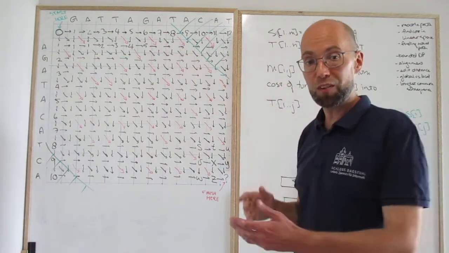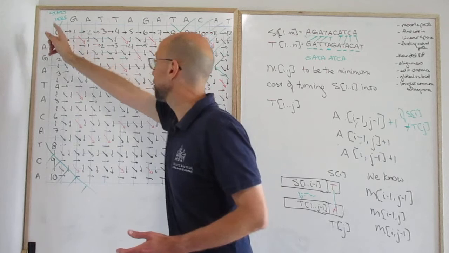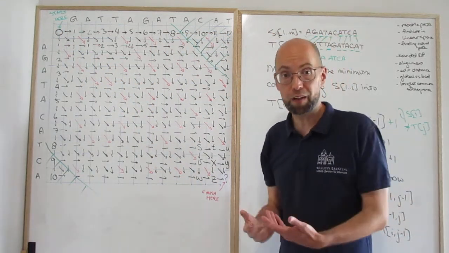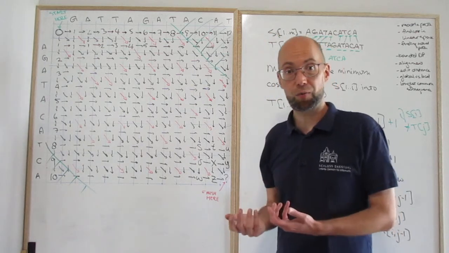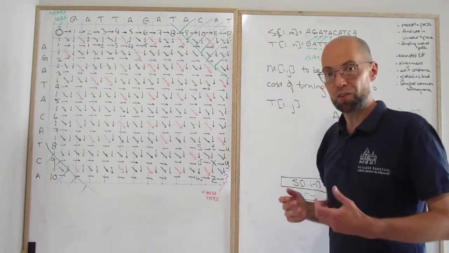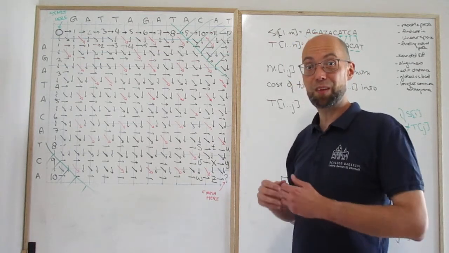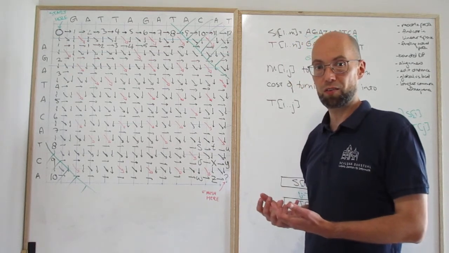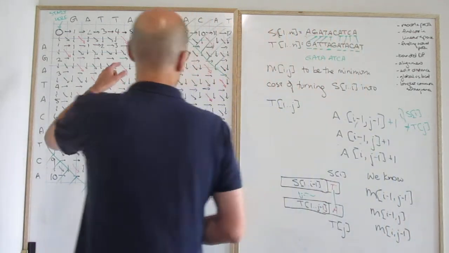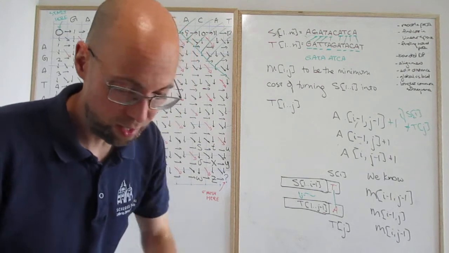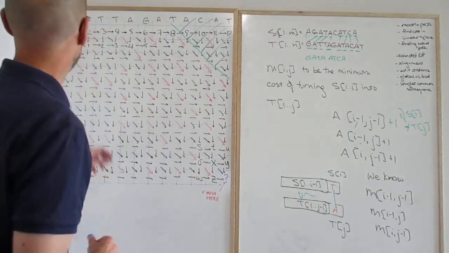Then the question is, how do you go from here to here and make the most money? If you get a profit of 1 when you cross a red arrow, this is like inserting and deleting stuff to get to a red arrow, and the red arrow is something in common between the two strings.